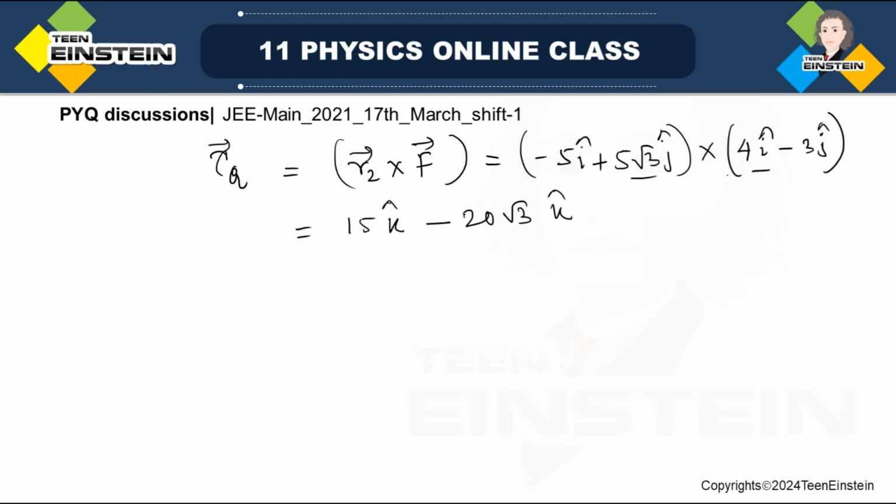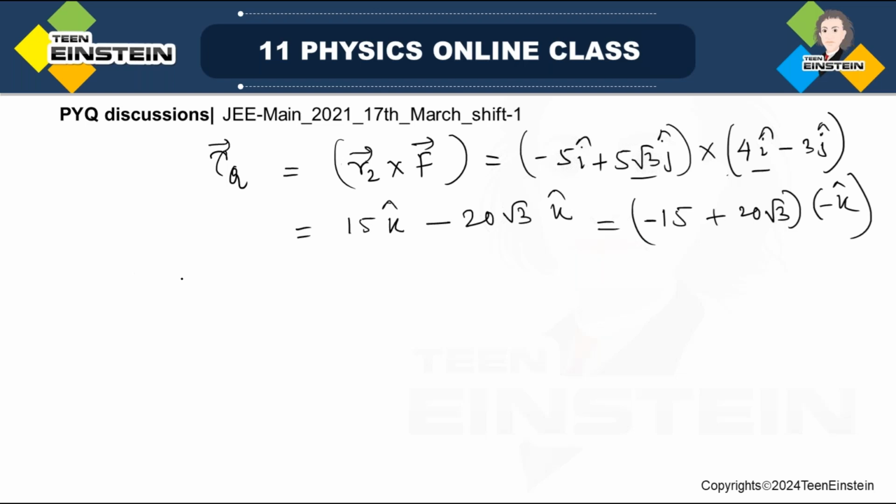Let me just take minus k common, so here it will be plus 20 root 3 with minus k cap. Just to keep the uniformity, I'm writing this way.